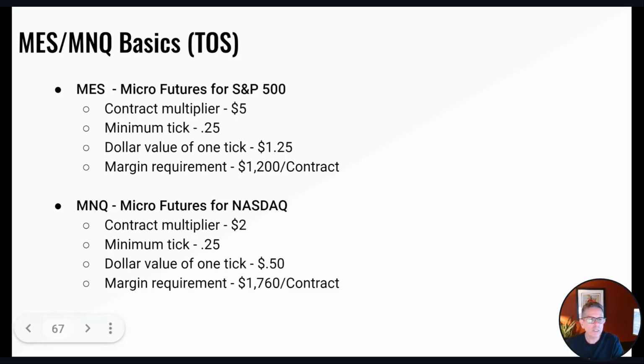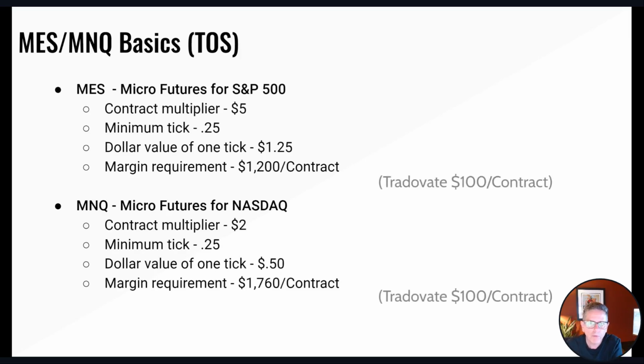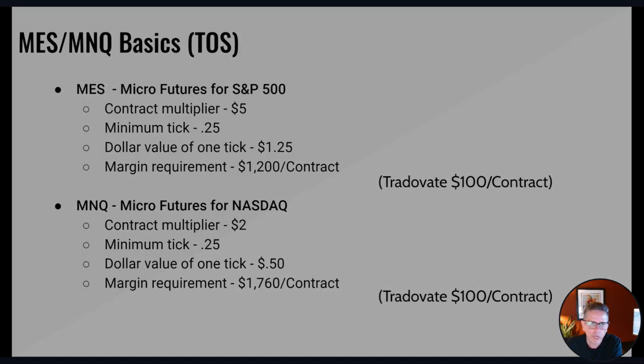You can use these basically if you trade like Tradebait. It's a great broker. They'll allow you to trade day trades using $100 for one contract. Okay. Once the session closes, then you're going to get full margin requirement for overnight. But for day trades, they're great.